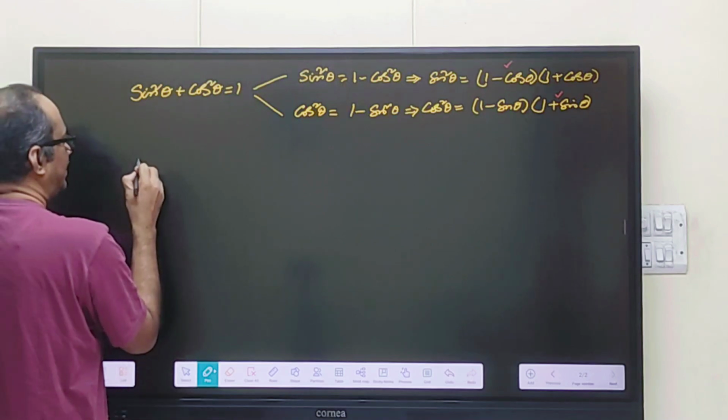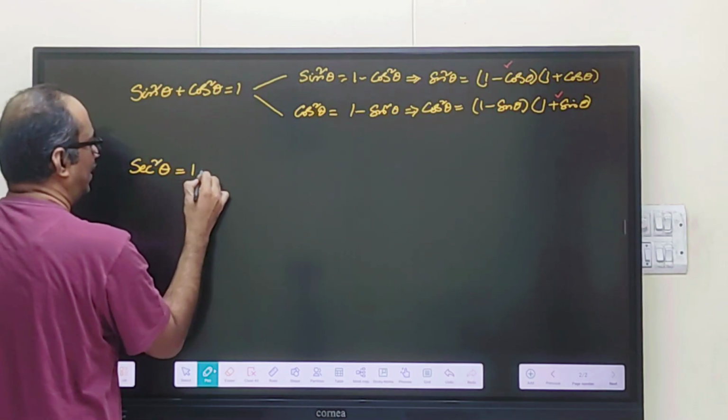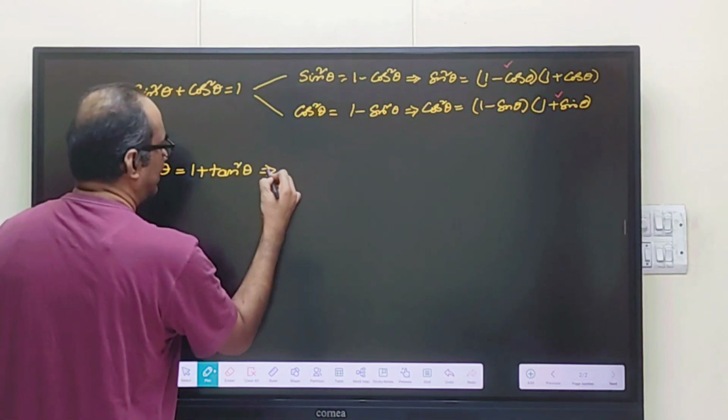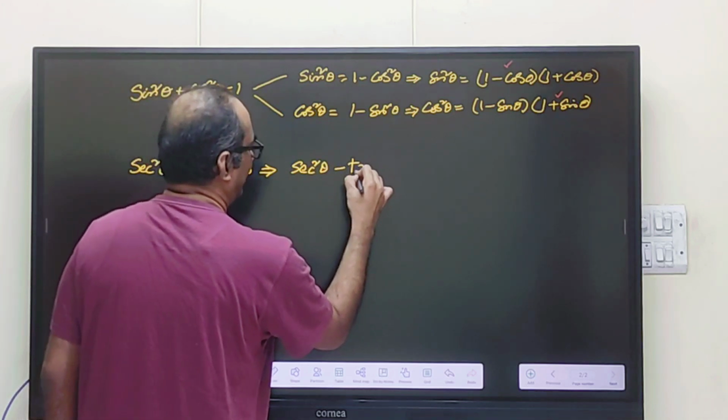Now, the next identity we have is secant square theta equals 1 plus tan square theta. We can write this as secant square theta minus tan square theta equals 1.